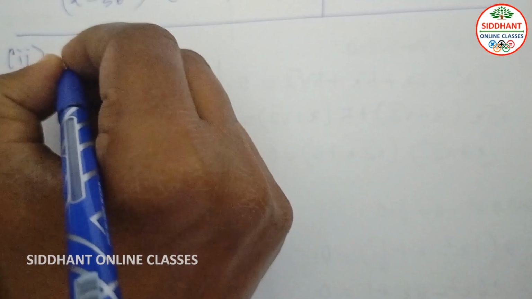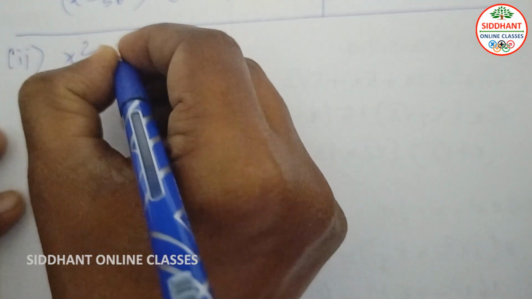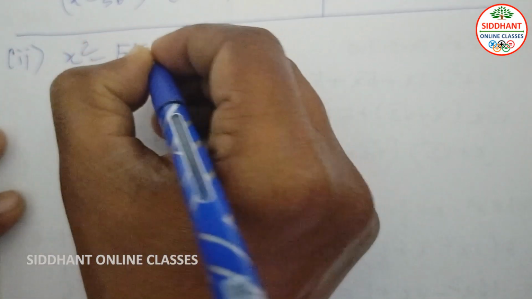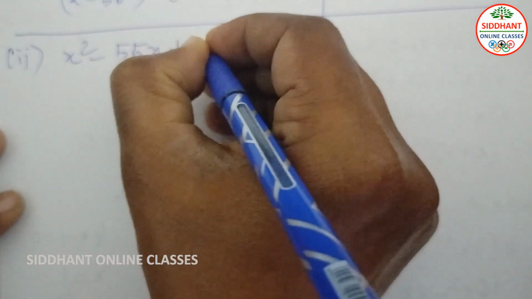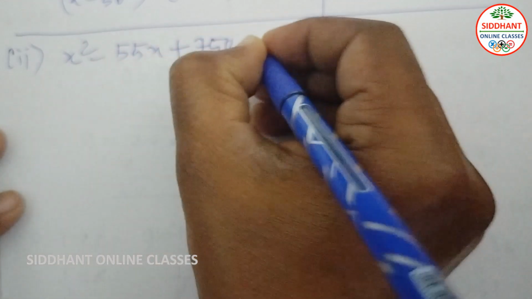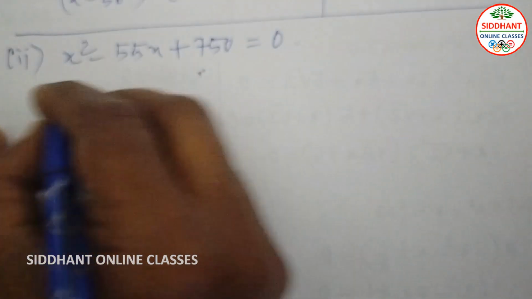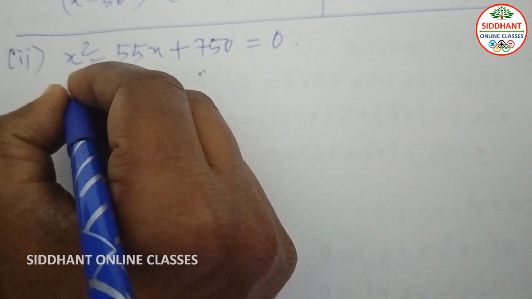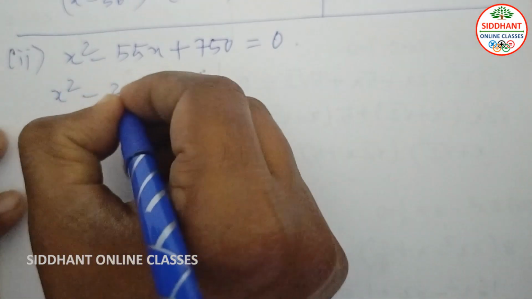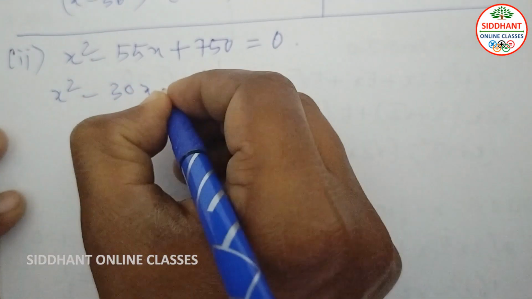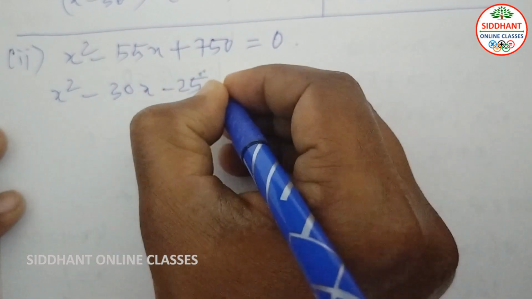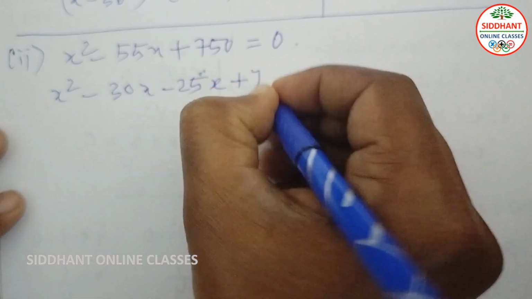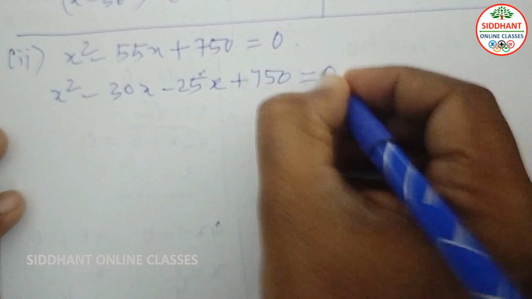Second question, which is x square minus 55x plus 750 equal to 0. So now x square minus 30x minus 25x plus 750 here.